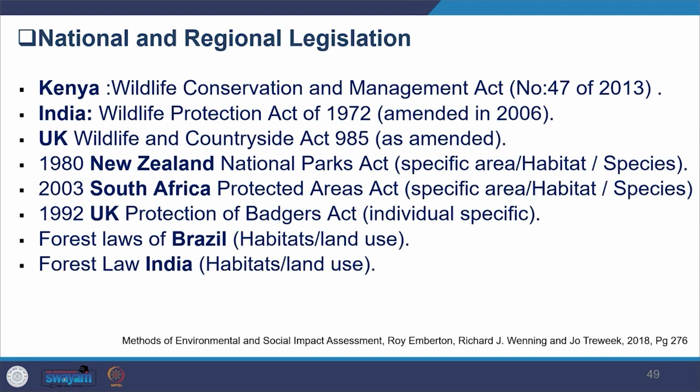You can also see examples of countries that adopt national and regional systems. So you have the whole range of legislation and systems provided to you. You can have a look at them. The list is given to you here.